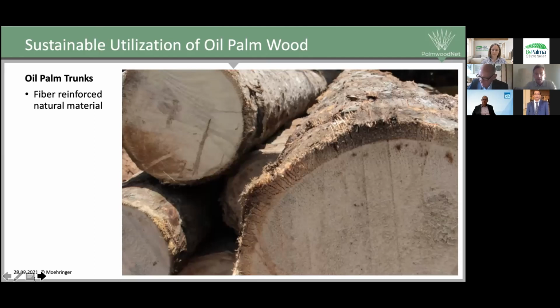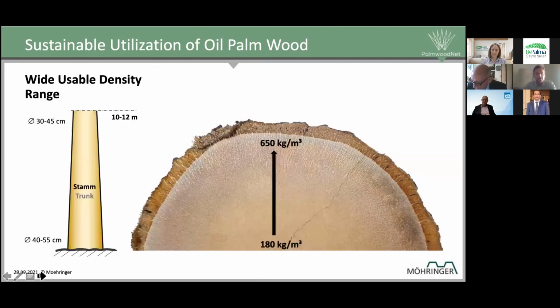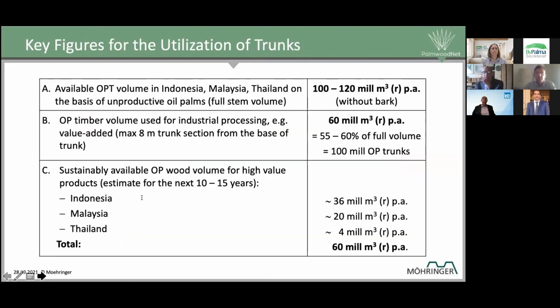Of course, this comes along with also challenging characteristics like the sugar, like the starch. So this all has to be taken into account when we want to produce solid timber from this trunk. One of the characteristics is the wide density range from inside to outside of the trunk. That was also mentioned by Professor Frühwald.